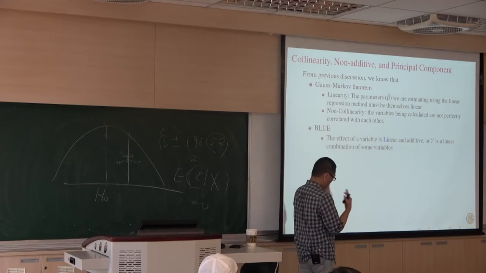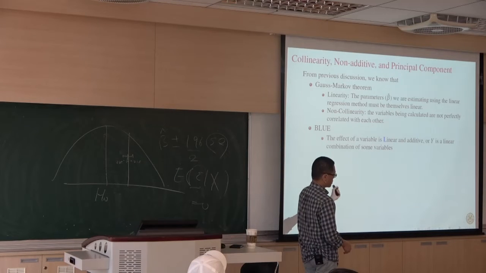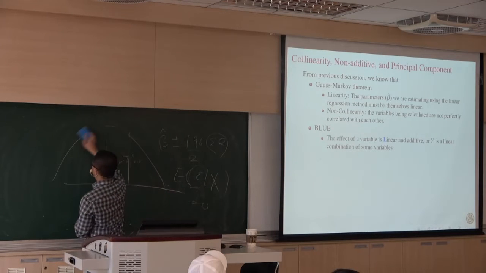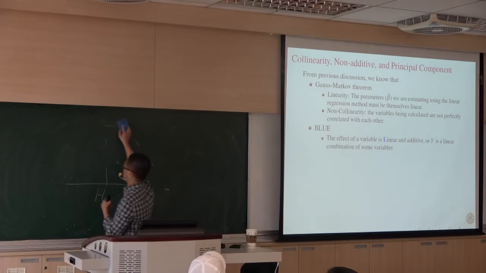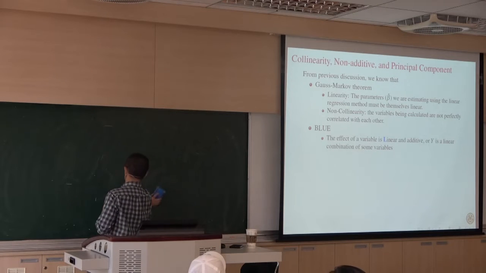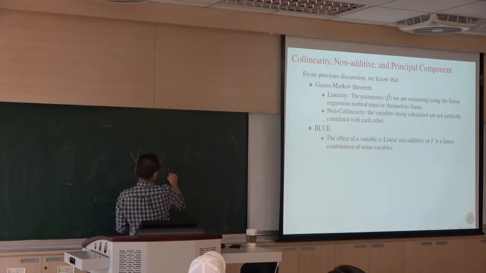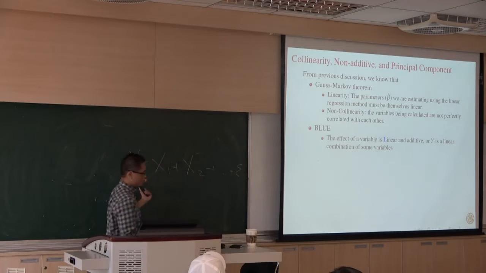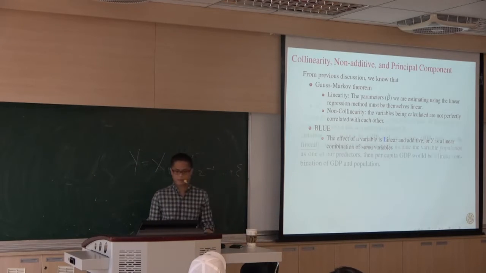So this goes all the way back to the very essentials of our linear regression model. Whenever you're writing down your linear regression model, say y equals some x plus the error term, that means y, the dependent variable, is a linear combination of some x.